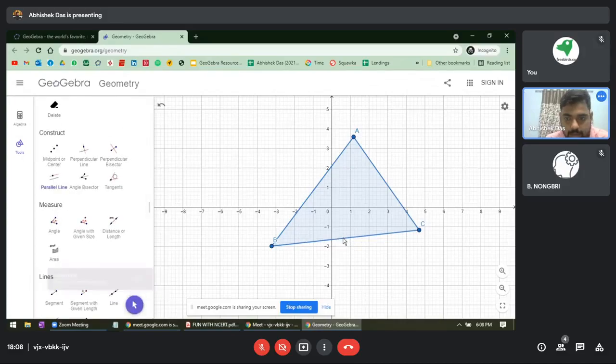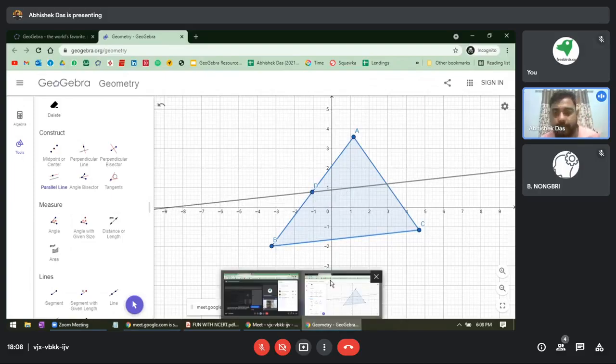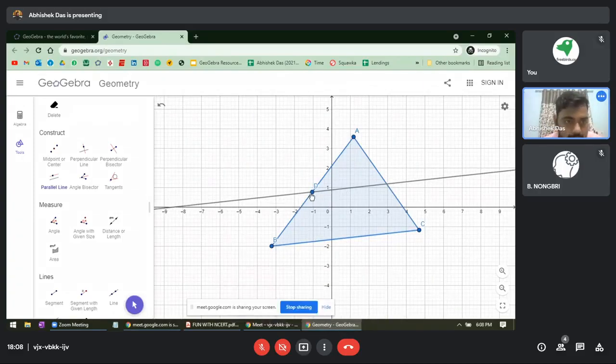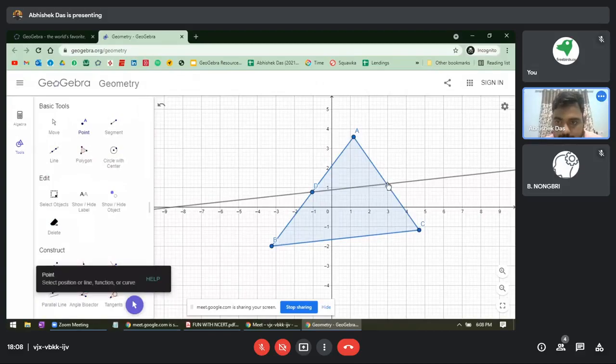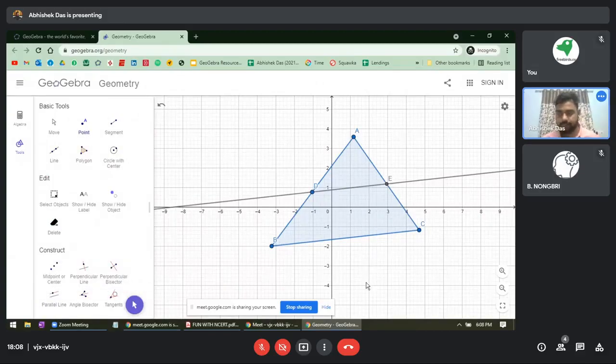Parallel line. And let's draw it over here. The parallel line passes through this point D. Let me take another point, E. Right?